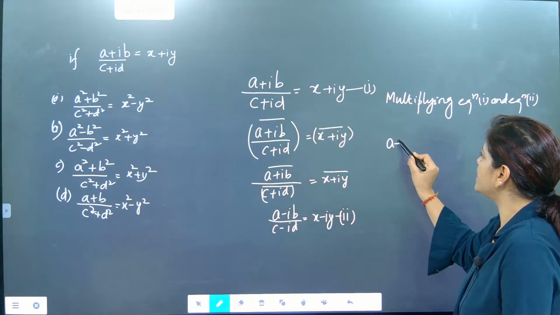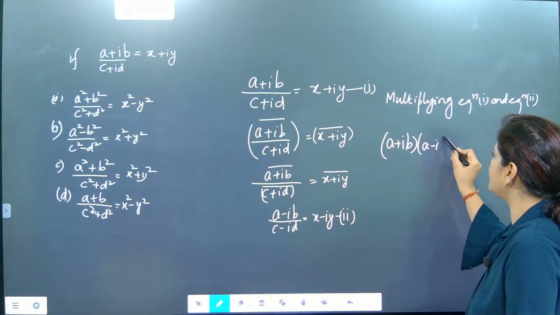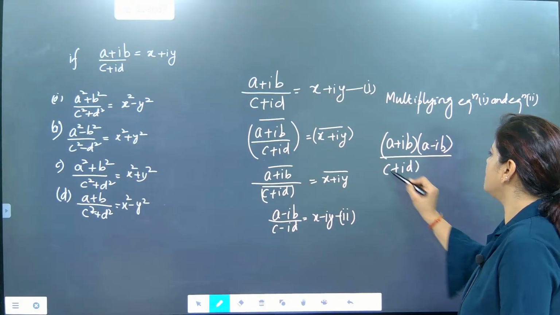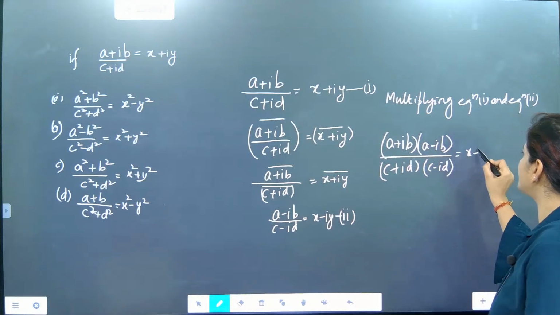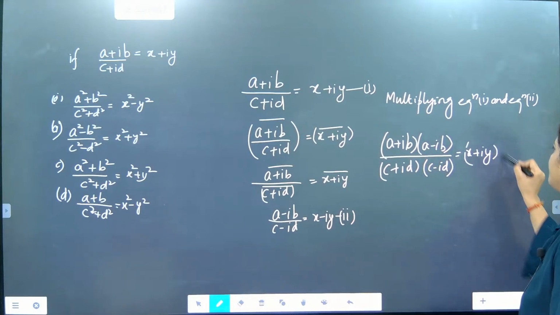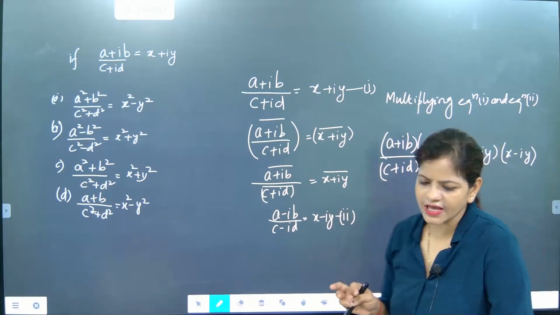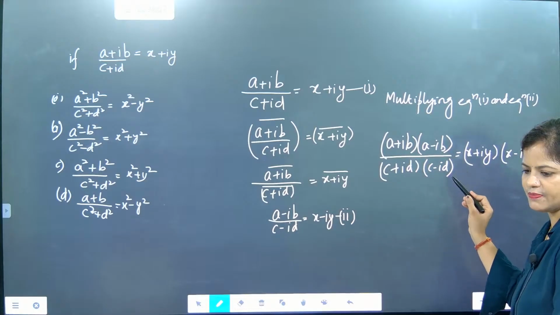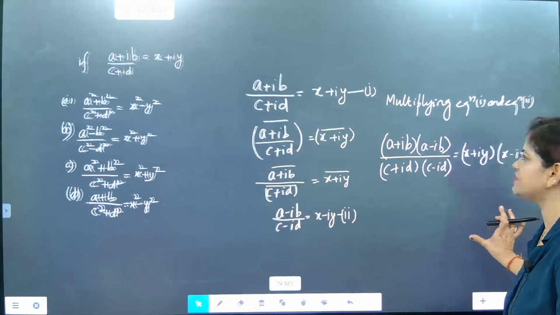So a plus ib will multiply with a minus ib. Now in the denominator, c plus id will multiply with c minus id, and here x plus iy will multiply with x minus iy. Did you understand?